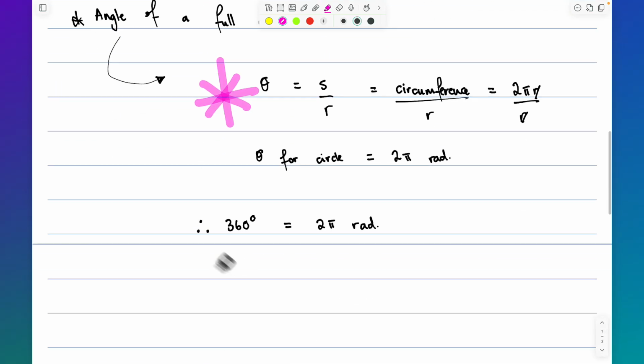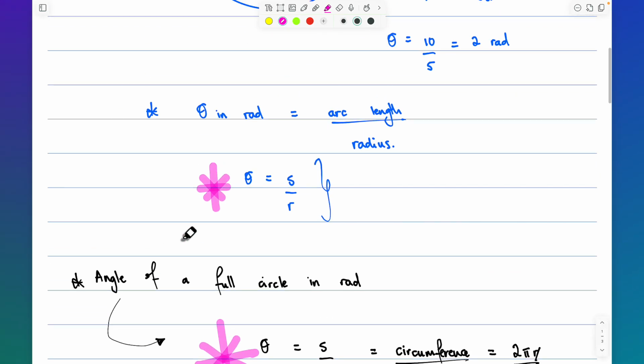And then, you also need to know that your 360 degrees equates to 2 pi radians, because we also need to convert from degrees to radians and vice versa. So those are the two most important takeaways for this video.